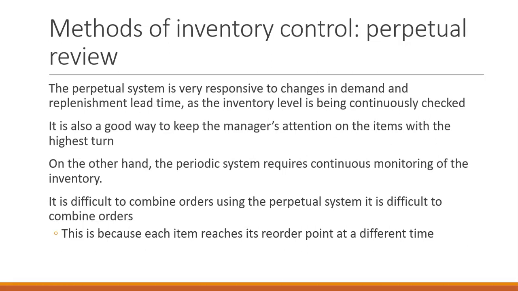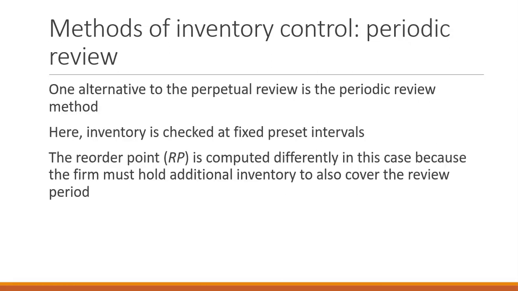And so it's not a continuous update like we do with the UPC code. Our reorder point is different when we're doing periodic review because we must hold extra inventory to cover the fact that we're physically counting inventory.